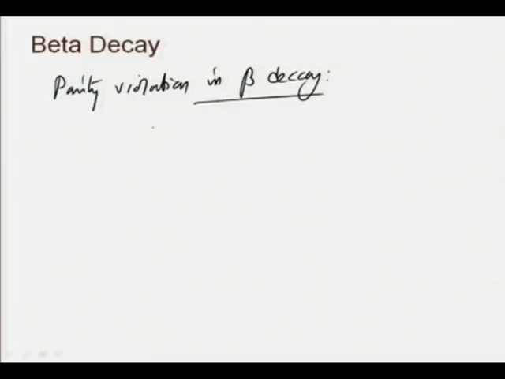Let us consider cobalt 60, which decays to nickel 60. In fact, it decays to one of its excited states plus e minus plus nu bar. I of cobalt is 5 and I of nickel is 4.